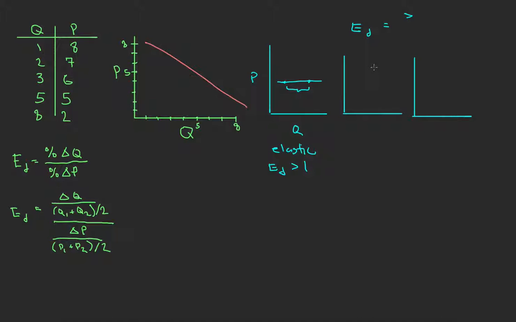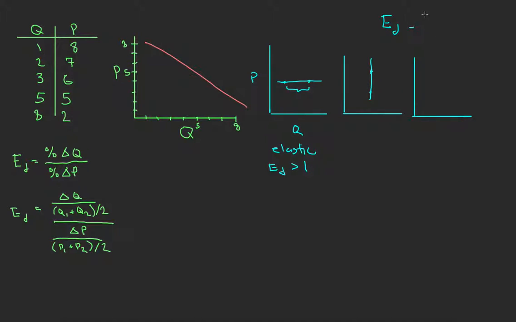Now let's say we have a vertical line here. Well, quantity doesn't change at all, or almost nothing. We can see that here. And price is going to change a lot, if you pick any 2 points. So, the change in quantity is going to be next to nothing.